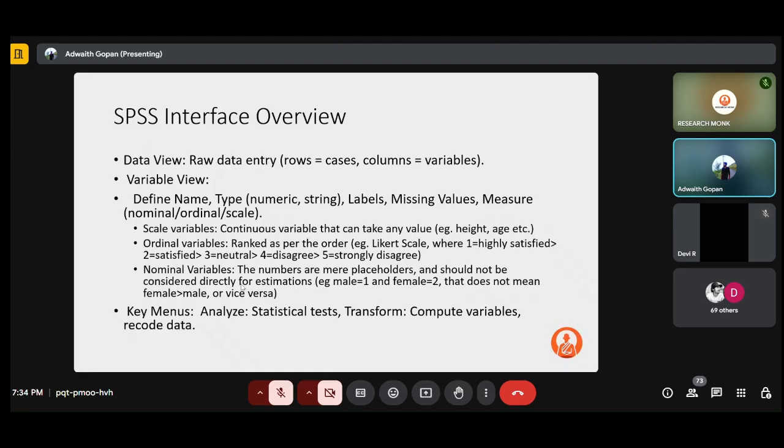So here, the categories in the variable are ordered according to their preferences. Highly satisfied is ranked first, and strongly disagree last.